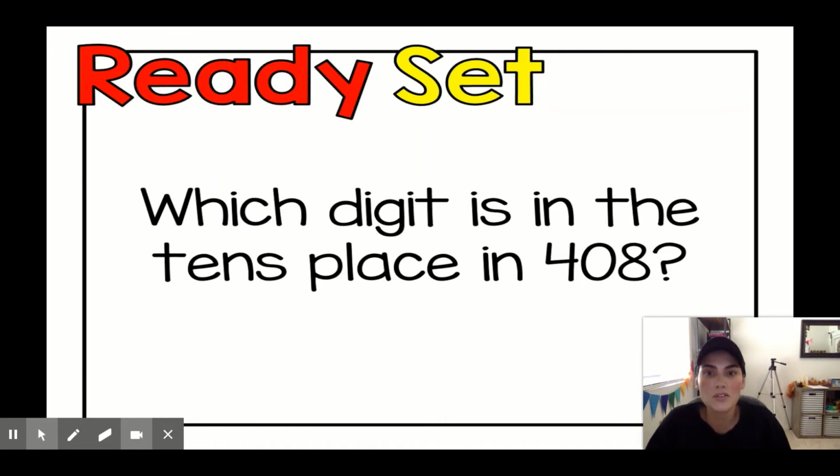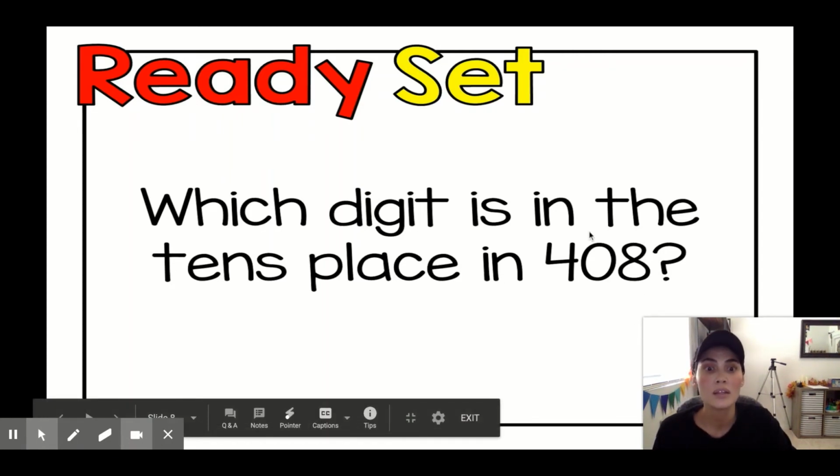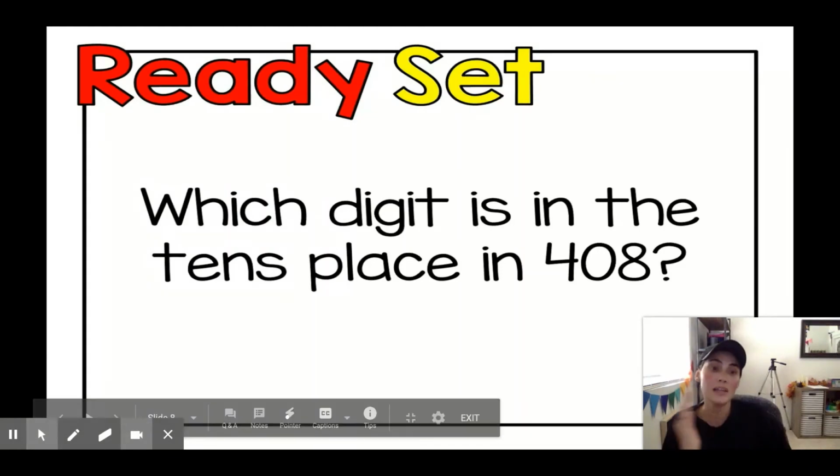Now this one is asking you to tell the place value of the given digit. Which digit is in the tens place in 408? Well, I know that 8 is in the ones, 0 is in the tens, and 4 is in the hundreds place, because we're talking about the values to the left of a decimal point.